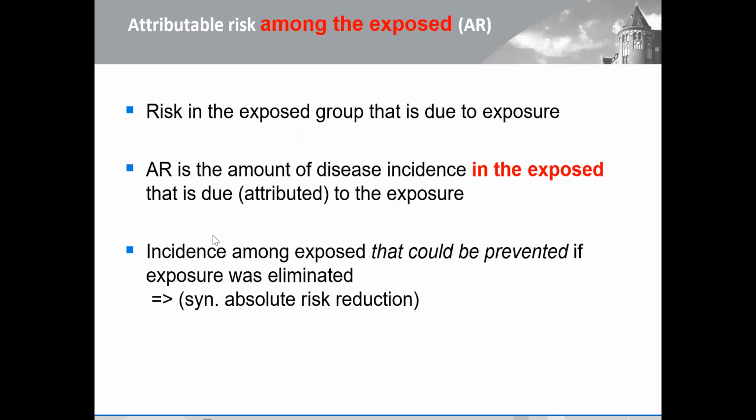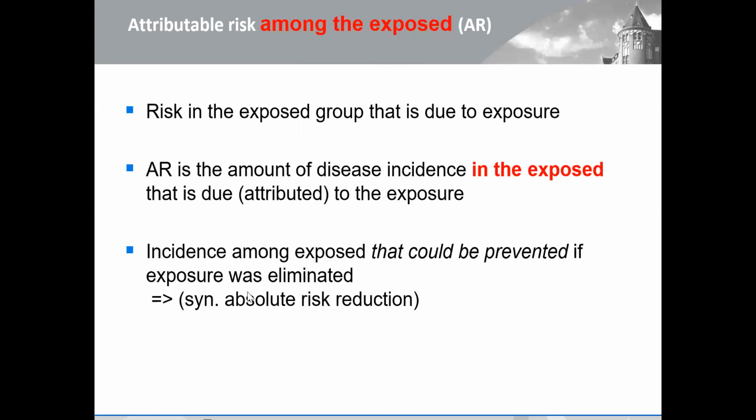One of the most interesting things we need to understand is that if the exposure could be removed, the attributable risk is the incidence among the exposed that could be prevented if you remove or eliminate the exposure.